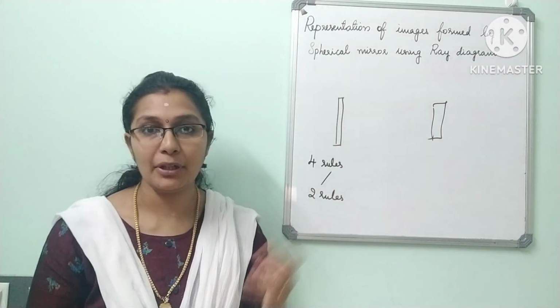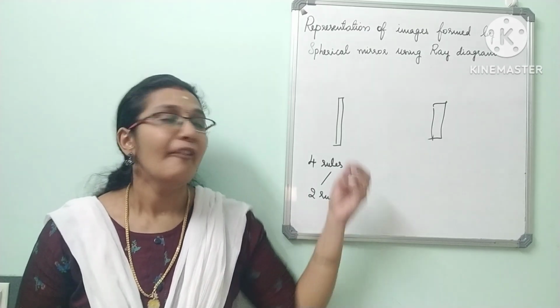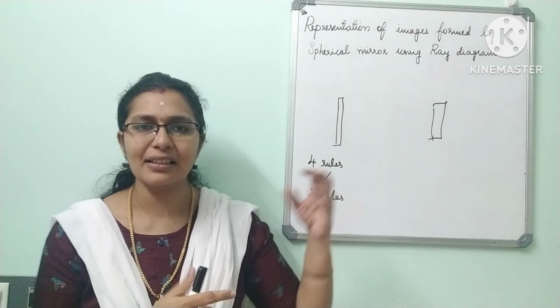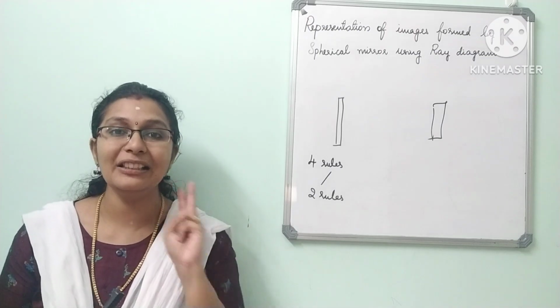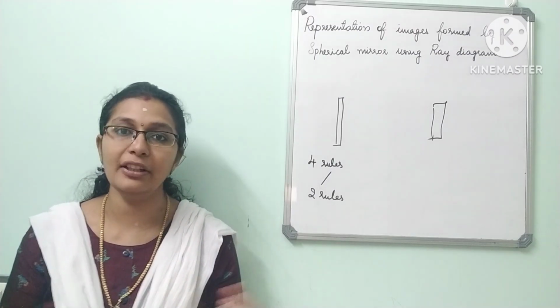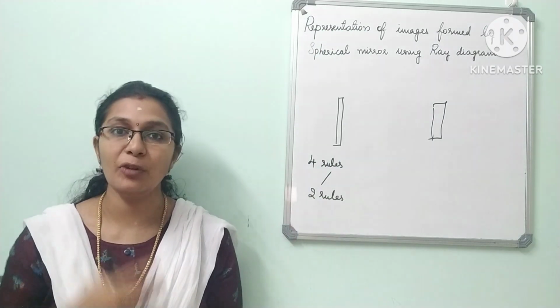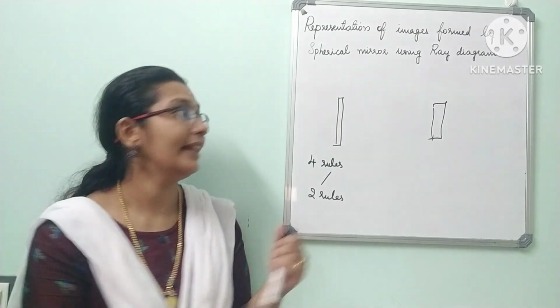We have n number of rays falling on this object and n number of rays are reflected. But while drawing, if we use n number of rays, it is tedious as well as it won't look good, right? That is why we use basically 2 rays. At least 2 rays are required in order to locate an image. Clear? Yes. Now we are going to see what the 4 rules are and then we will see how the image is formed. Clear? Yes.